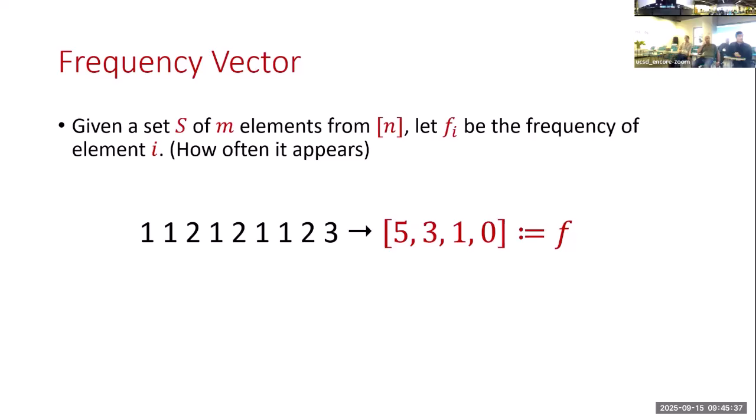First of all, let's assume that they are numbers from 1 through n. There's a mapping that we can do. And then the ith element in this vector is how many times i has appeared in the data stream. So the first element here is 5, because you see 5 ones in the data stream. That's implicitly going to define a frequency vector. We don't have space to keep it, and that's the main challenge that we encounter in the streaming model.